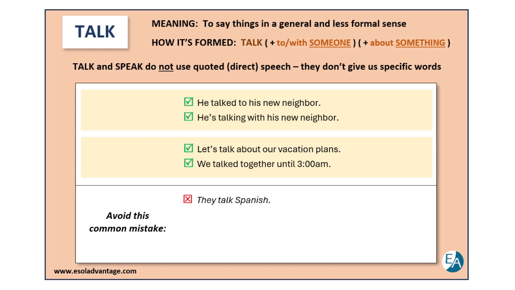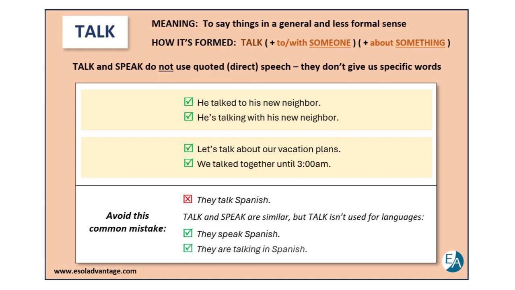They talk Spanish. Well, that would be a mistake because though talk and speak are similar, talk is not used for languages. So if you want to give the name of a language, try they speak Spanish. Or if you want to use talk, they are talking in Spanish.